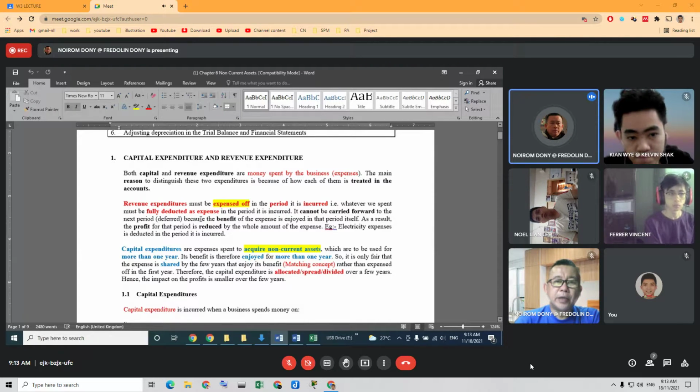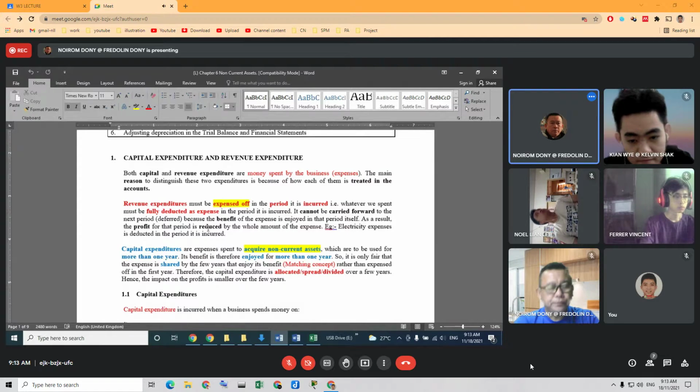Why do we expense off? Because the benefit of the expense is enjoyed in that period itself. For example, for salary, we incur it from January to December. After that, there is nothing left of the salary because it has already been consumed. The service of the staff has already been consumed by the business.